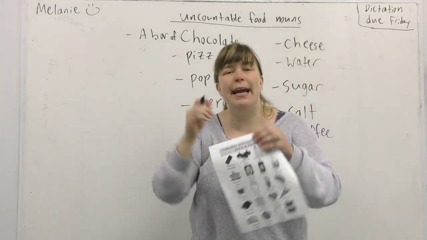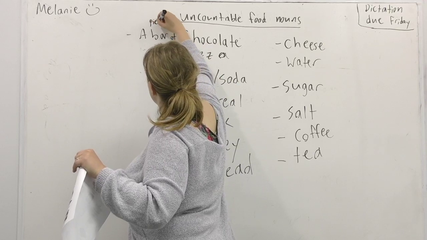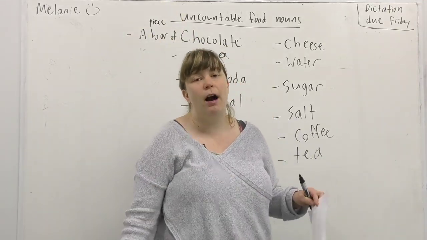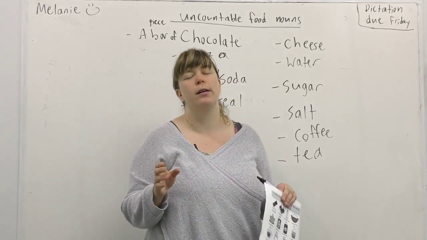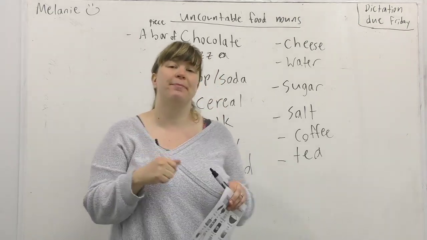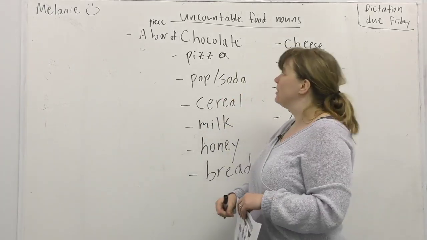Or you could even say a piece of chocolate. So maybe, for example, when I was young, my dad would always buy a chocolate bar after work. And I'd say, hey, Dad, can I have a piece of chocolate? So yeah, then he'd break me off a little piece and give it to me.